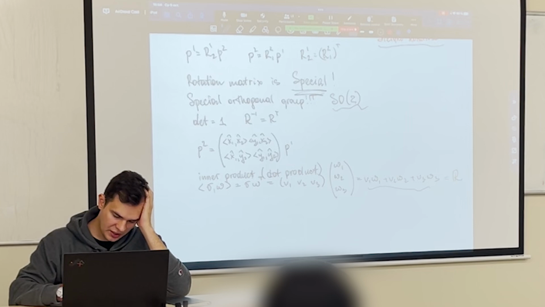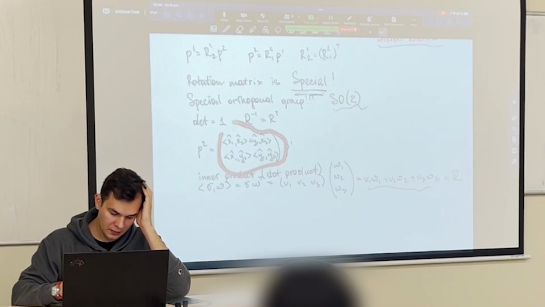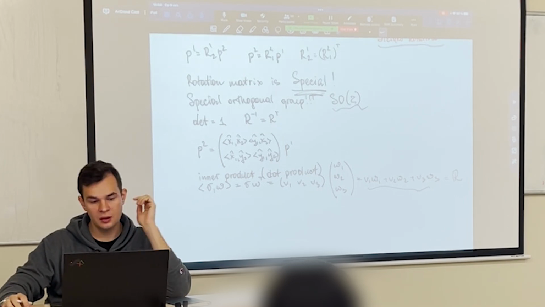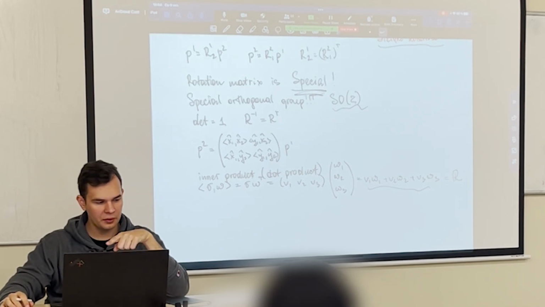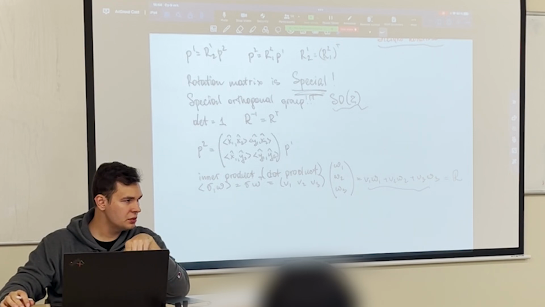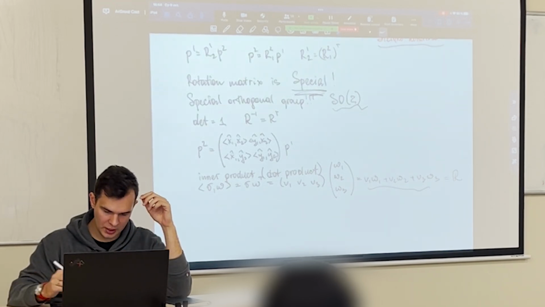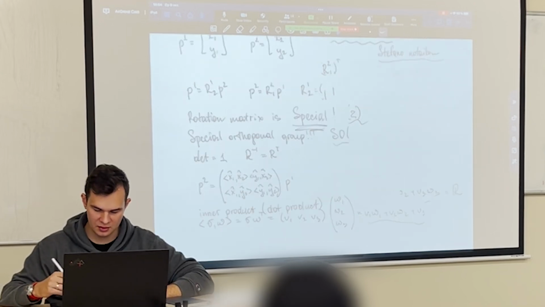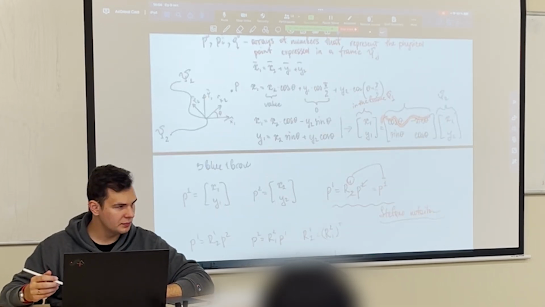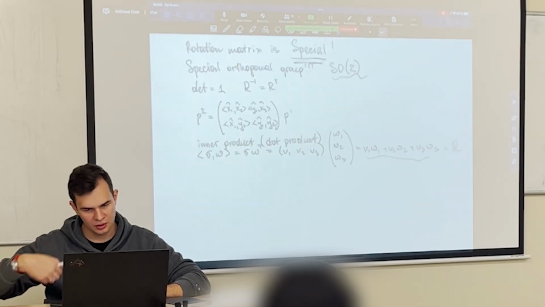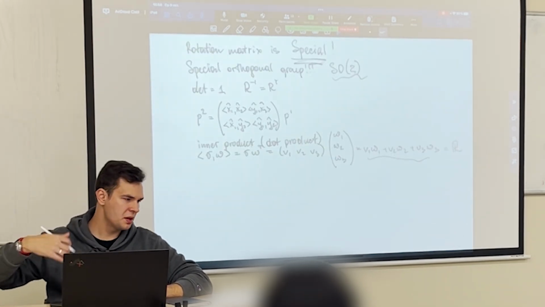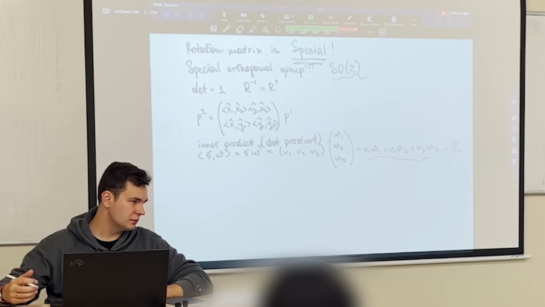The full derivation of why this matrix looks like this you can find in the slides or in the Stefano book that I mentioned in the Telegram. I think it would just waste time.